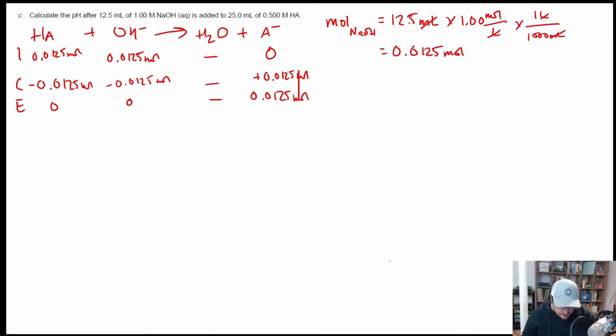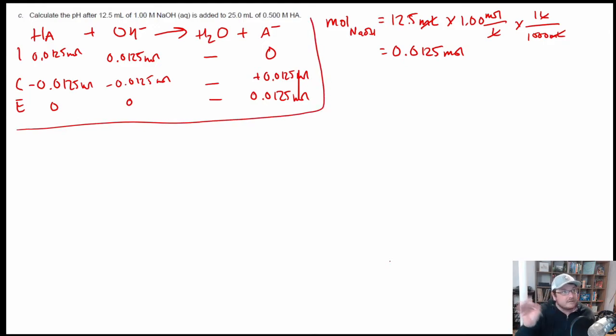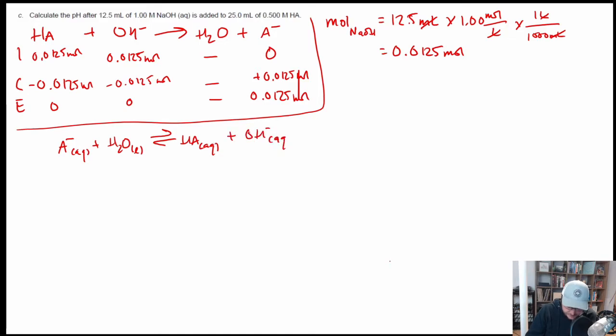And so the dominant reaction going on post-neutralization is A minus aqueous plus H2O liquid in equilibrium to form HA aqueous plus OH minus aqueous. So that's the dominant reaction happening now in the solution. If we set up our ICE table in this case, we need to first calculate what the concentration of A minus is.